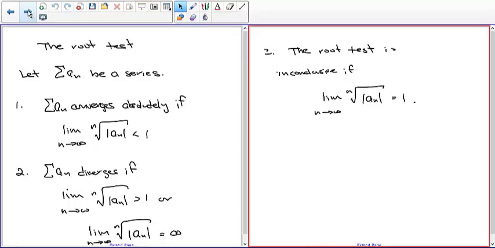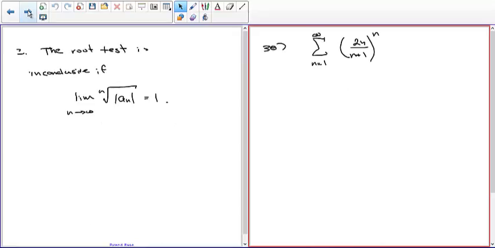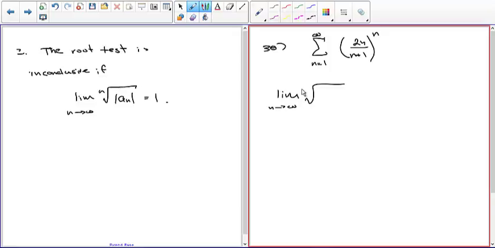So let's look at an example for that. Here we have the summation from n equals 1 to infinity of (2n over n plus 1) to the n power. So you can see that we've got this whole quantity raised to the n power. So what you do is you take the limit as n goes to infinity of the nth root of (2n over n plus 1) to the n power.